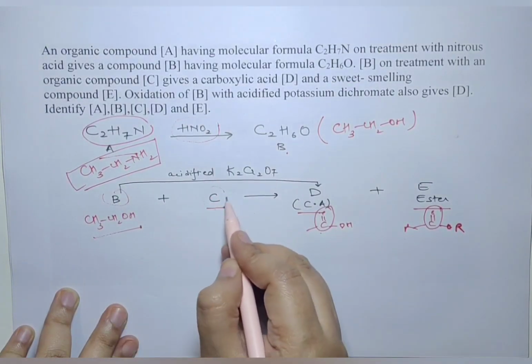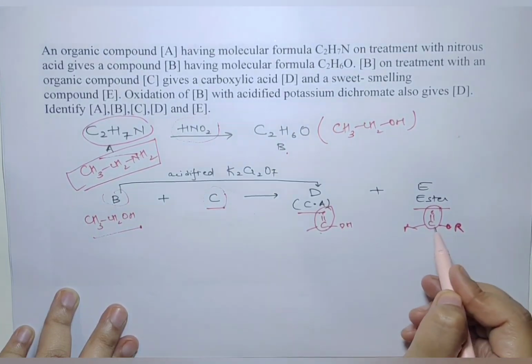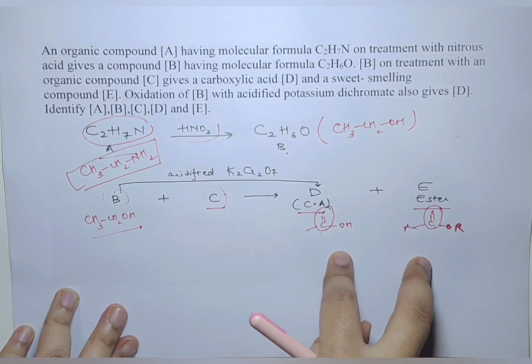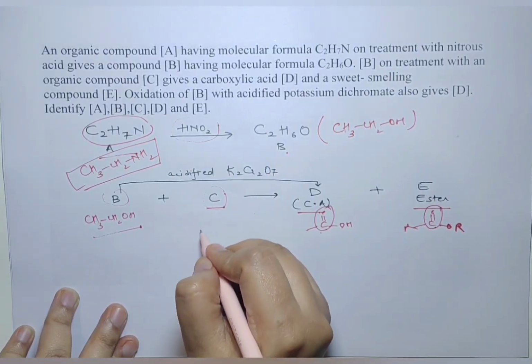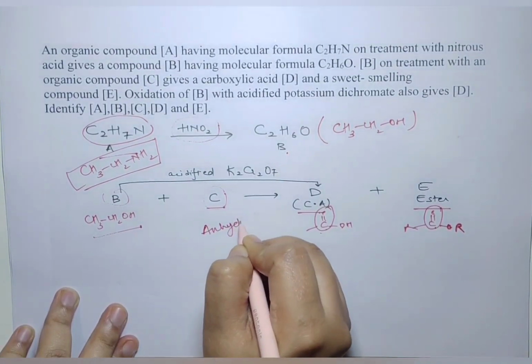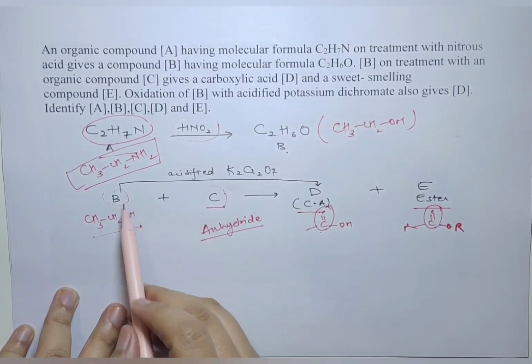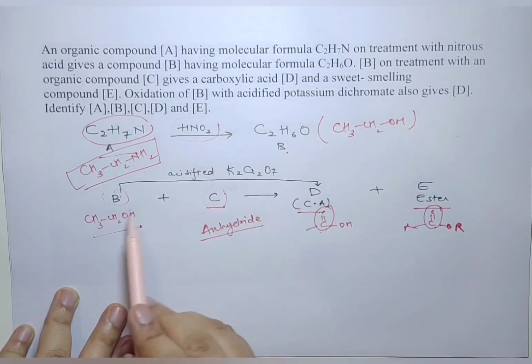That means our C should be the source of these 2 carbonyl carbons. So which organic compound has 2 carbonyl carbons? Anhydrides. Our anhydrides have 2 carbonyl carbon.